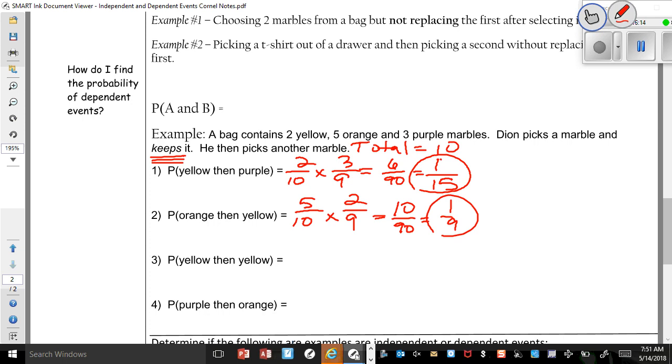Ooh, yellow then yellow. Now here's where it's going to affect the draw. So we got yellow is 2 out of 10. Remember, there's only 1 yellow left. So we're going to get 2 over 90, which makes 1 over 45.